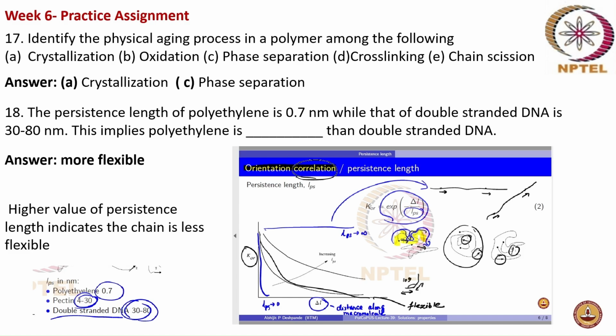Whereas the persistent length is large, it is more of a rigid zone, right? Persistent length is nothing but the persistence of the correlation between one end of the chain to the other end of the chain. Okay. The higher the persistent length, the easier is the correlation. The lower the persistent length, the correlation is very less.